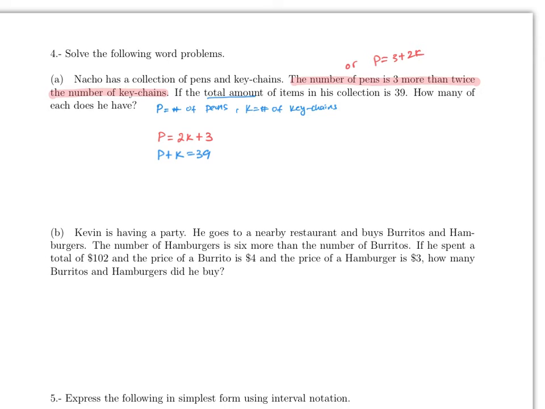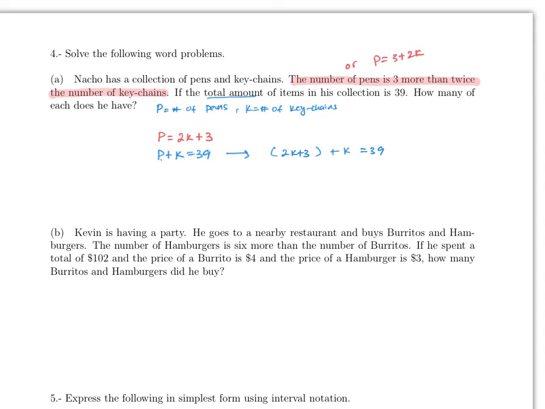Notice that here you have p plus k equals 39, and here you already have an equation for p in terms of k. So remember p plus k has to be 39, but the first equation is telling you that p is 2k plus 3. So therefore, 2k plus 3 plus k is 39.